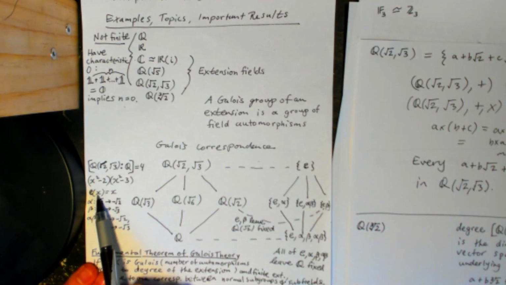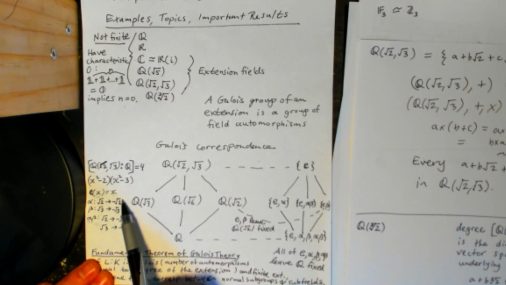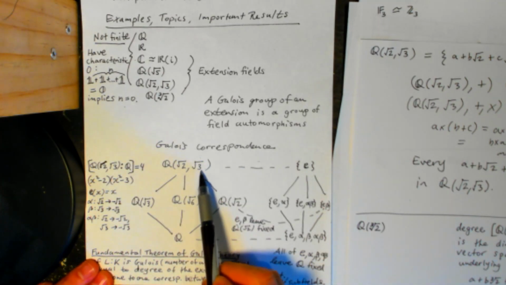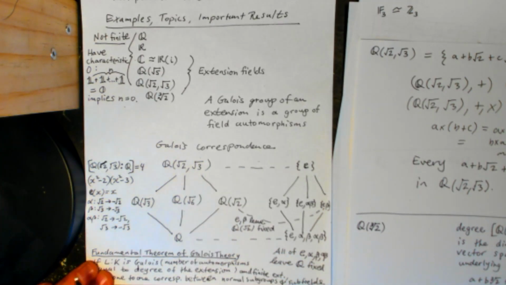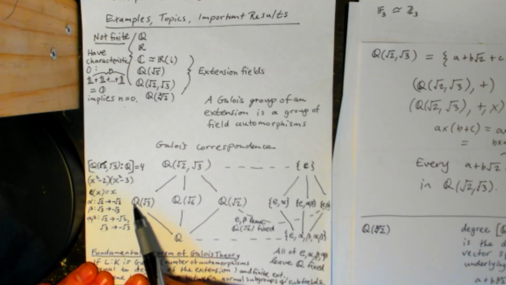So E basically sends x to x, so do nothing. Alpha sends root 2 to minus root 2 and minus root 2 to root 2 and leaves all of the other elements of this field fixed, as in it sends root 3 to root 3. So that's what alpha does. And the subgroup of this group here, consisting of just E and alpha, will leave Q adjoin root 3 fixed.